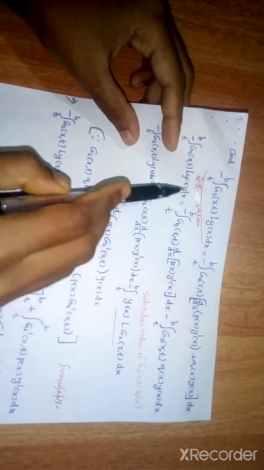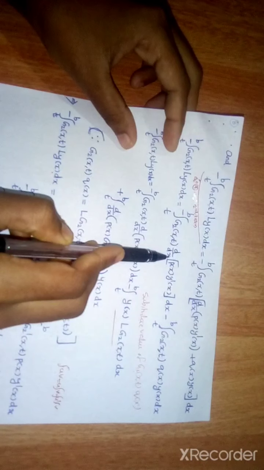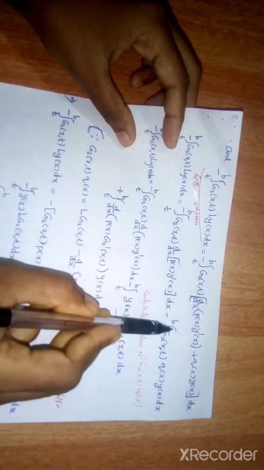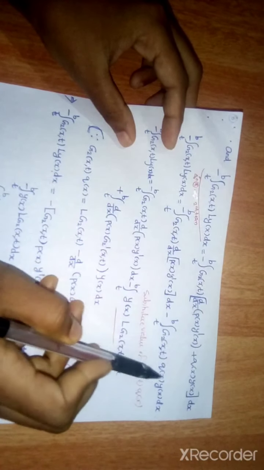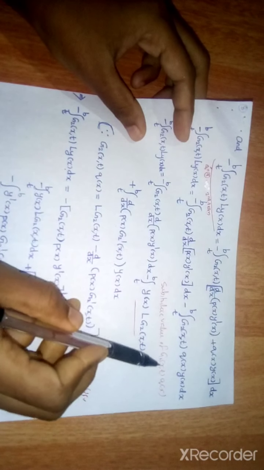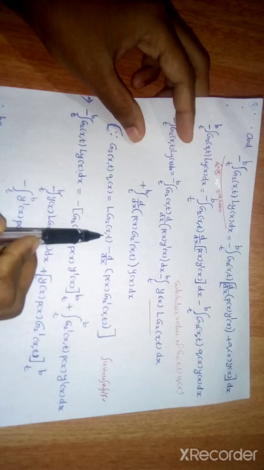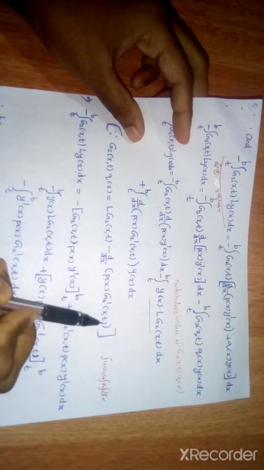It becomes minus integral t to b g2 of xt d by dx of p of x y dash of x ds minus integral t to b g2 of xt q of x y of x dx. Now we know the values of g2 of xt the q of x. That becomes L g2 of xt minus d by dx of p of x g2 dash of xt.